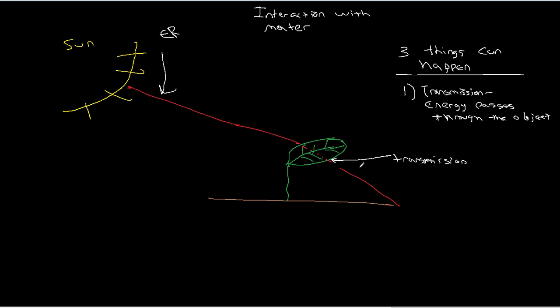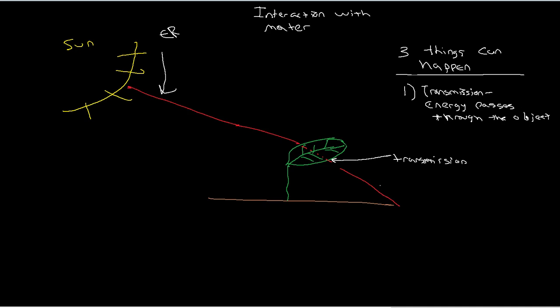A good example of this would be if you're sitting or standing in a canopy of trees, where the canopy is completely blocking your ability to see the sun, and you look up, what you might notice is that the bottom of the canopy is a nice bright green color. Well, why is that? That's because the majority of the green light that the sun is emitting is actually just passing right through the leaf. So what we see on the other side of the leaf is what's being transmitted through it.